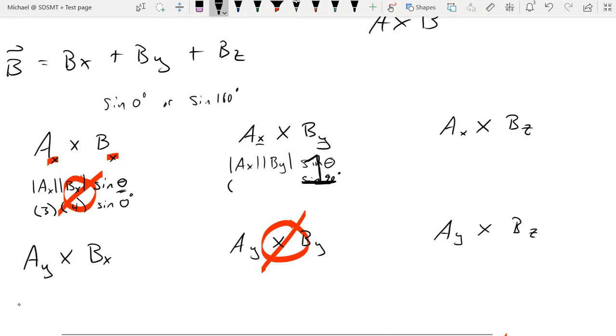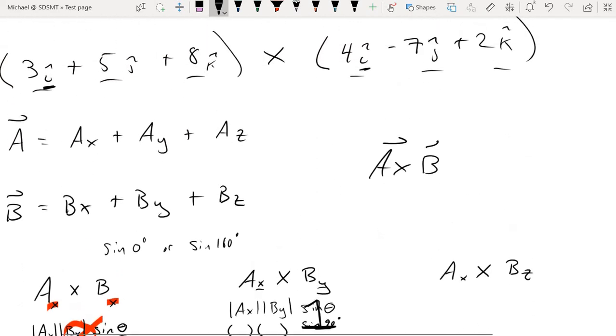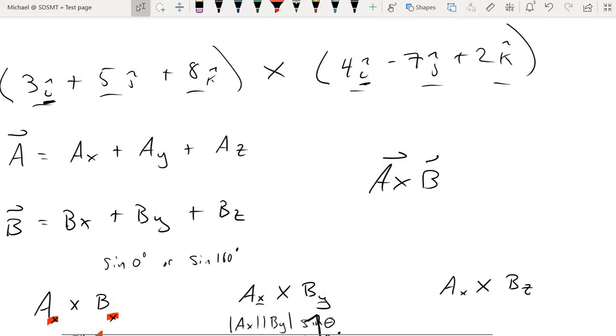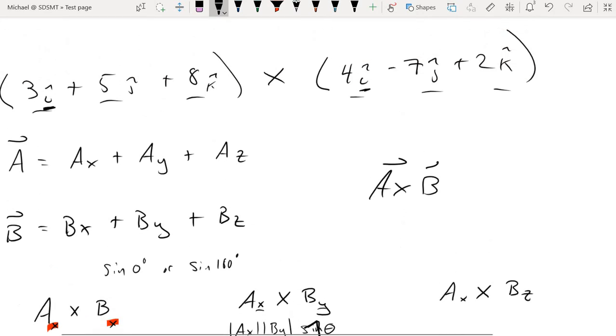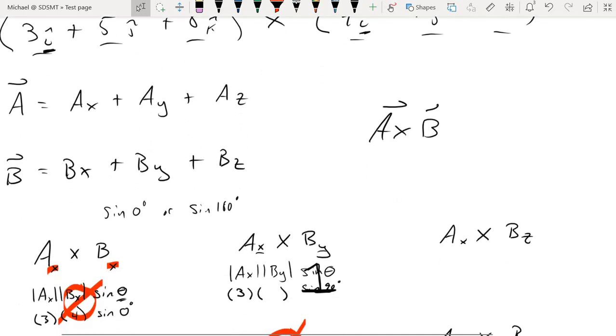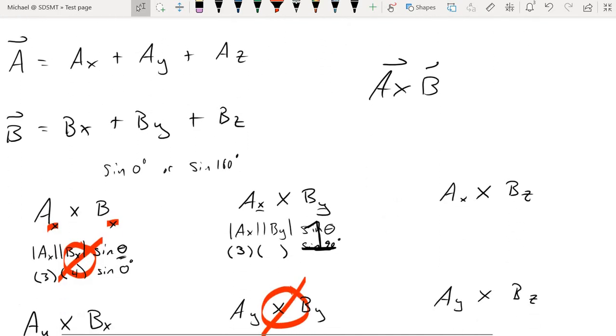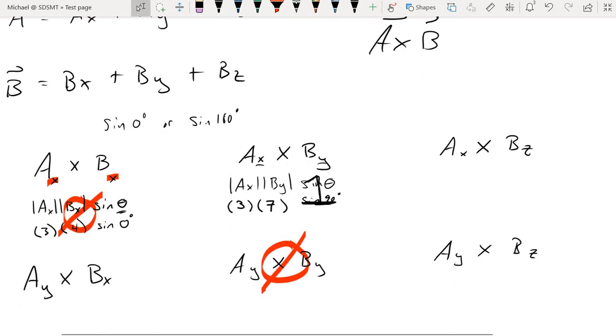And so all that's left is to plug in the magnitudes of the 2 components. We have 3 for the magnitude of AX, and we have -7 for the magnitude of BY. So the magnitude of -7 is 7. So what we're getting out of this is 21.